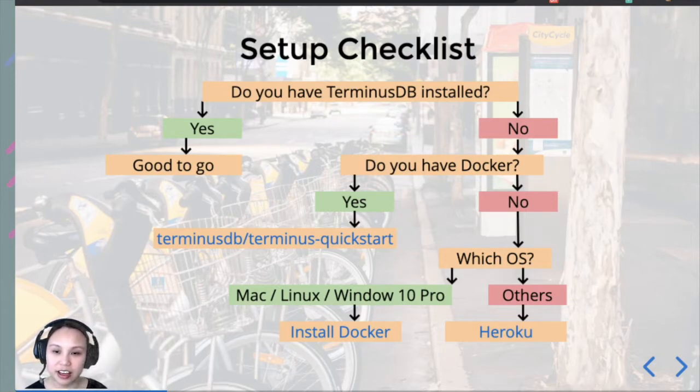I believe that in the future we will have other distributions that don't use Docker, but today, for this tutorial, we would use the Docker container because it's the easiest way to have a consistent environment for different people on different OSes. But if you really don't like Docker, don't worry.